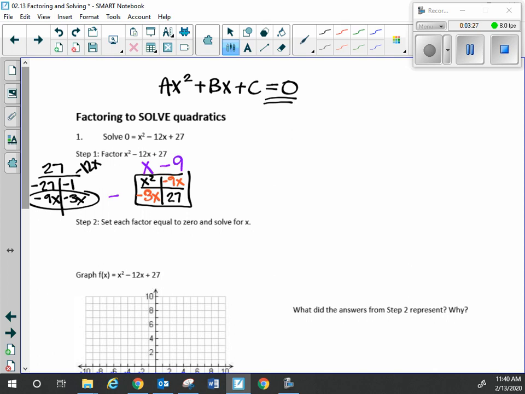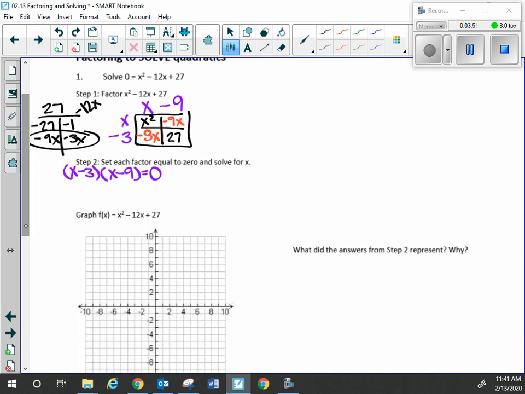Good. So then the left-hand side has to be x and negative 3, and negative 9. Good. So everything's still the same. Now when you're done, x minus 3 times x minus 9 is equal to 0. Why? Because it was equal to 0 at the beginning.